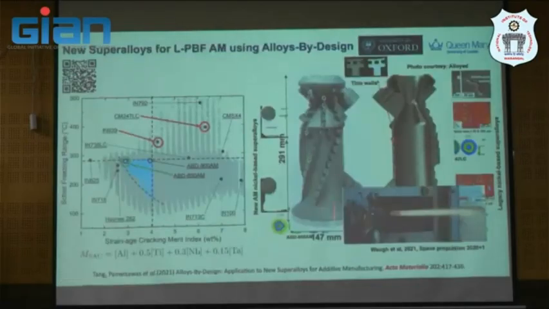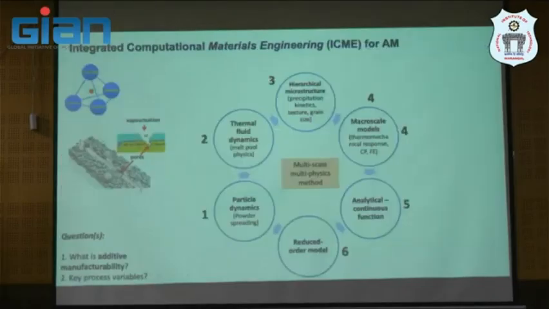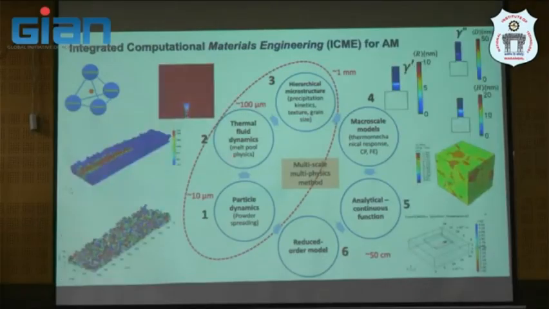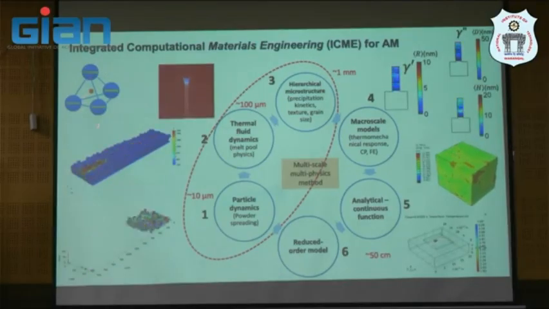So why is this working? Why does the previous one not work? What is the crack susceptibility? That is the motivation of the work here. So what we do is try to use the computational framework to link this process, structure, and property relation, especially microstructure, and try to understand why it happened like that.